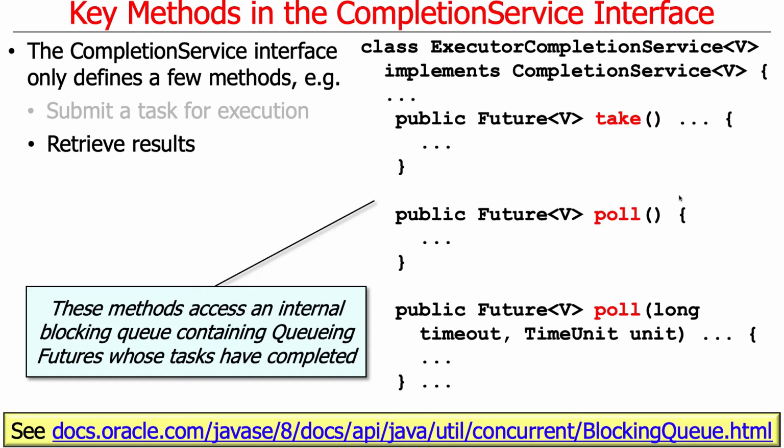There are 3 methods for retrieving the results. Internally, all these methods will access a blocking queue, which is implemented by the system, that will keep track of the tasks that have completed. So things don't show up on this queue unless they're done. They're futures, but they're completed futures.